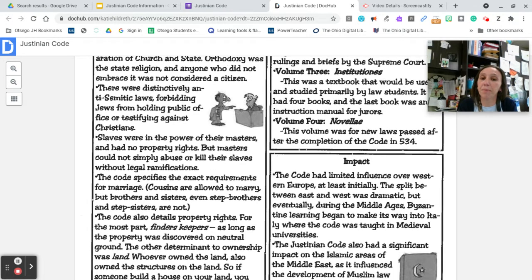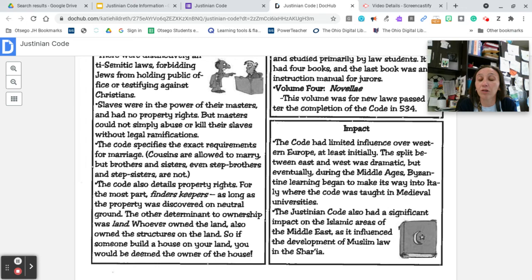Now, here's the impact. What did it do for the Byzantine Empire? The code had limited influence over Western Europe, at least initially. The split between East and West was dramatic, but eventually during the Middle Ages, Byzantine learning began to make its way to Italy, where the code was taught in medieval universities.